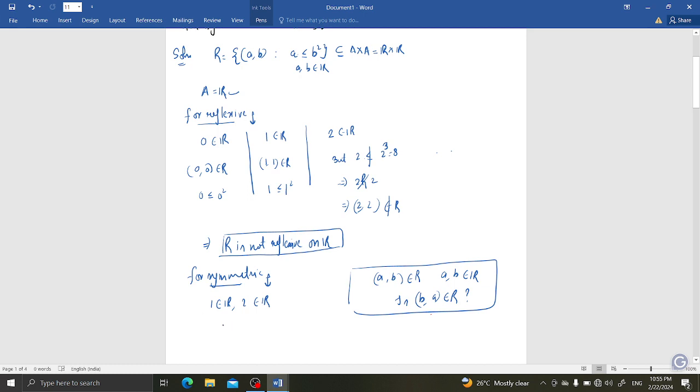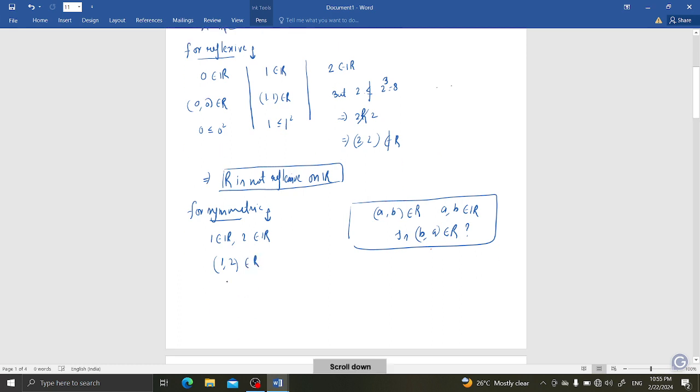But here you observe that (1, 2) belongs to relation R. Why? Because we need to give a reason. Because 1 is less than or equal to 2 cube, that is 1 is less than 8. The property is satisfied. But observe, 2 is not less than or equal to 1 cube. 2 is not less than 1.